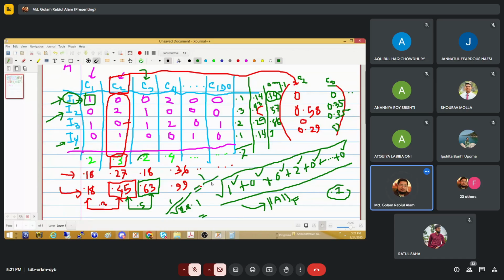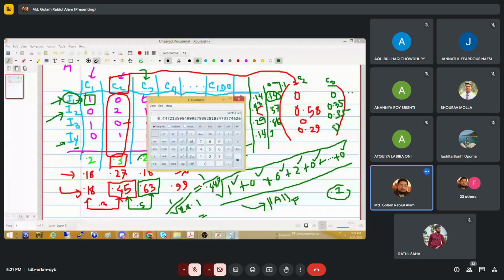So it means 1 by 0.447. 1 by 0.447 will be 2.237.